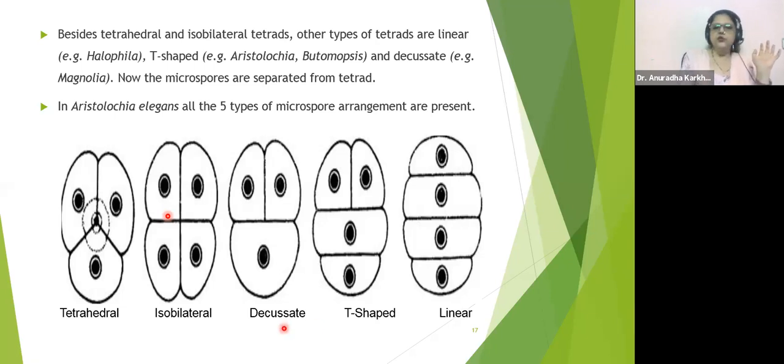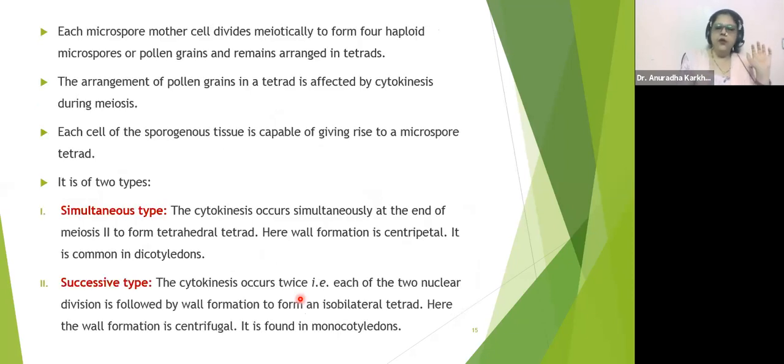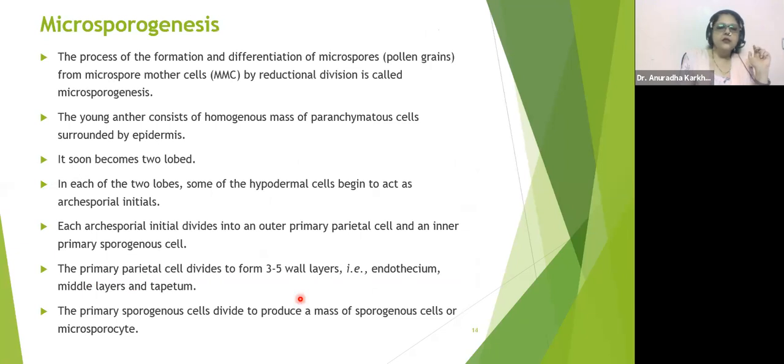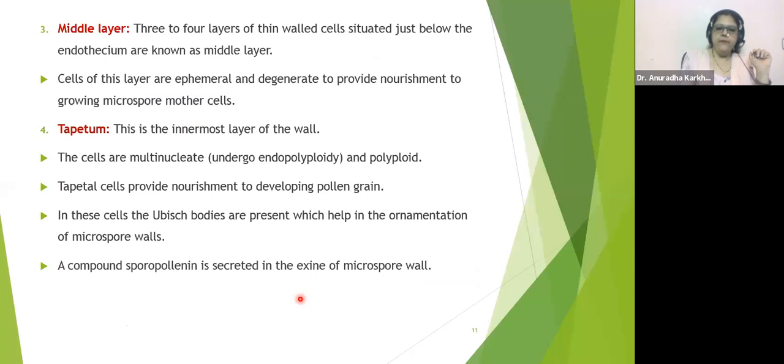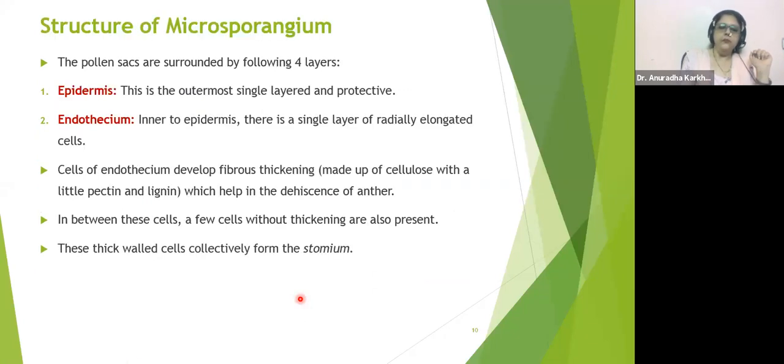Well, so stomium, I'll tell you, don't worry. Wait. Where we had seen it. In between the cells of the endothecium, a few cells are going to be present without any thickenings.